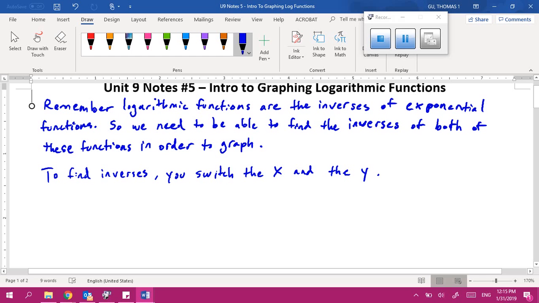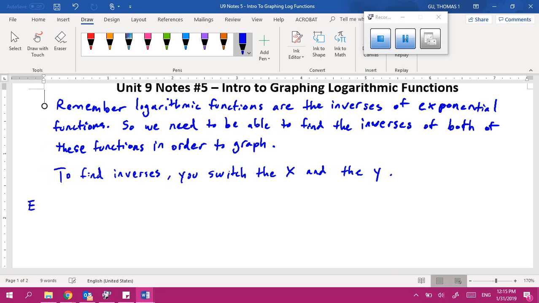Before we can actually graph, there's a skill we need: being able to find the inverses of certain equations. So for example 1, we're going to find the inverse of these exponential functions.